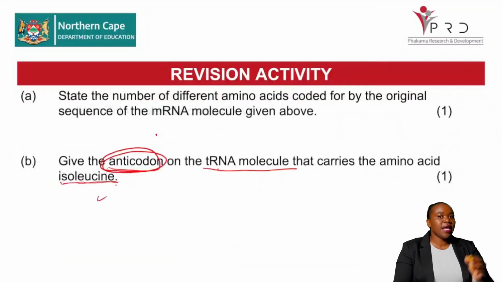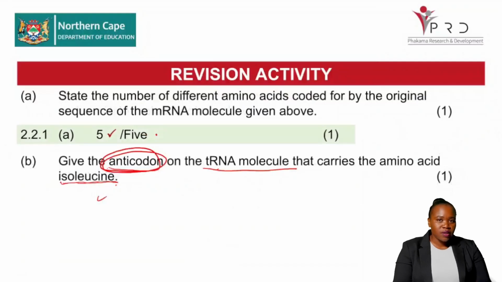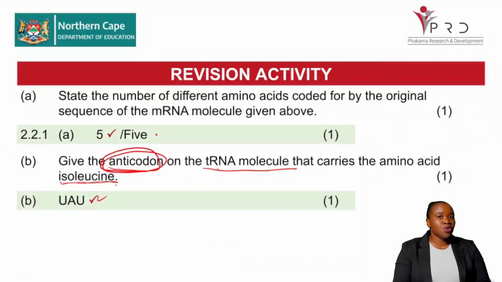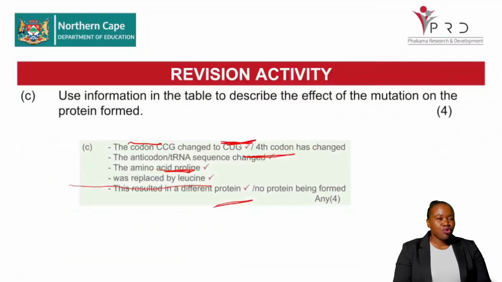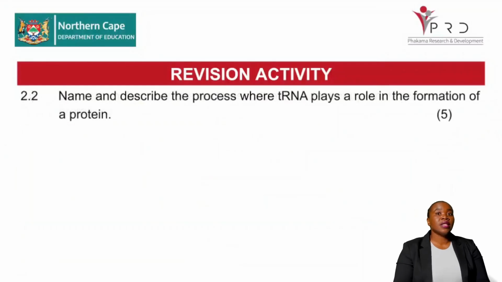You mentioned that there has been a change in the nitrogenous bases and that there has been no change in the protein formed because the amino acid that those two codons code for is the same, right? So do not just always claim that a change in the nitrogenous base will lead to a change in the amino acid, because sometimes it does not lead to the change in an amino acid.